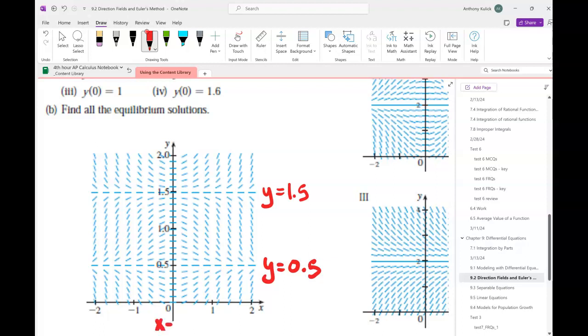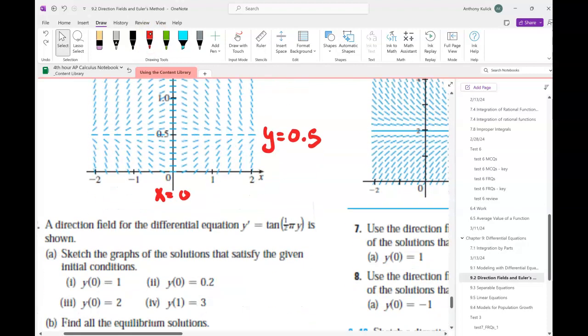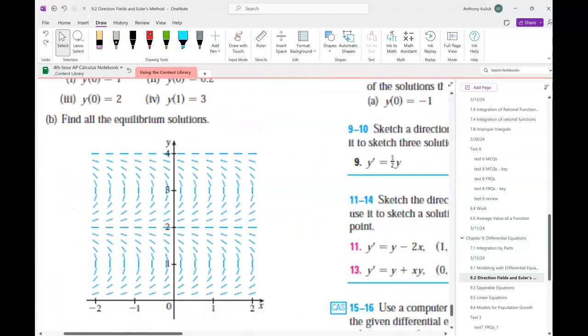Oh yeah, x equals 0. Right, so you have to look vertically and horizontally, right? Everybody's okay with that? Fairly easy to do, right? That's all you need to do. We're just looking at it and identifying. Kind of conceptual, but not so bad.